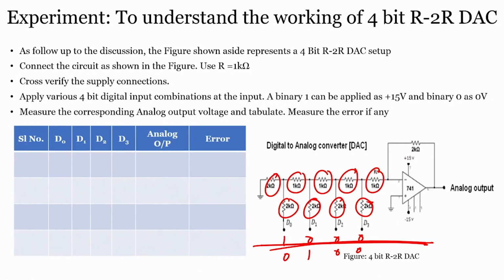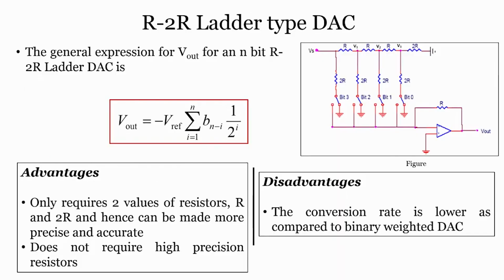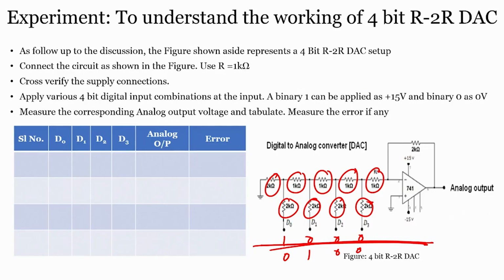So, what we understood is that we have two types of DAC, one is the R-2R network and the other is the binary weighted network. When you read and understand this module, see how you can quickly design the R-2R network and the binary weighted network. Like I said, it is a very simple design and very easy to understand.